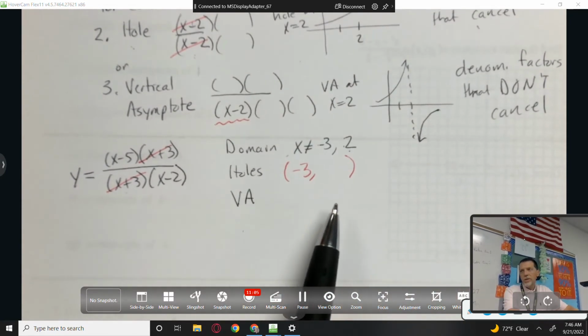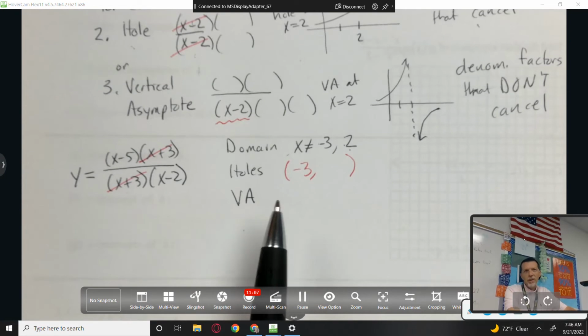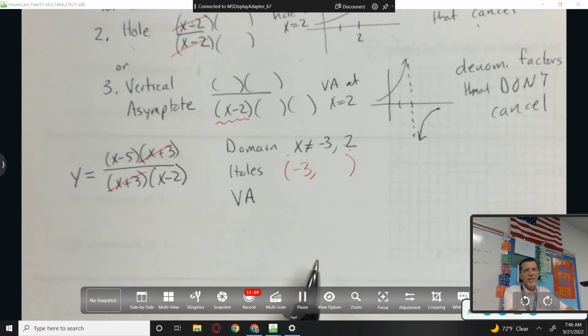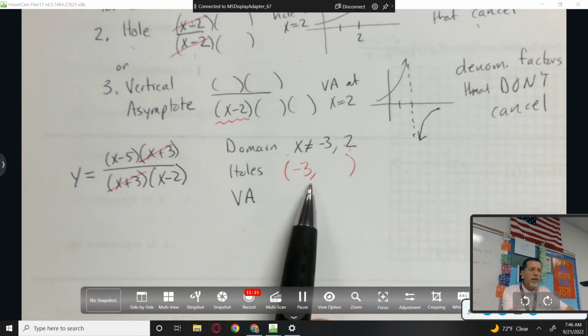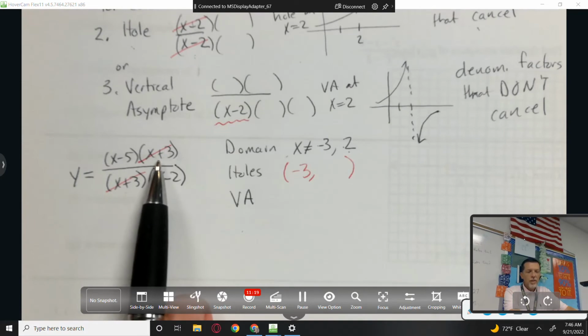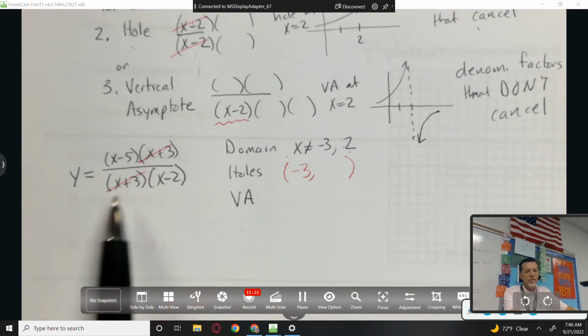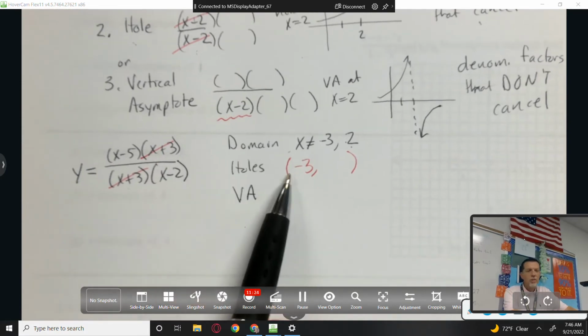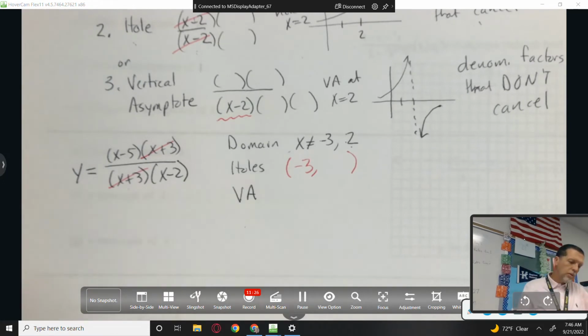What do we usually do if we know the x and we want to know the y? What do you usually do? You just plug it in. So we're going to plug in -3 to what's left. Don't plug it in to what's before what's left, because then you get 0 over 0, and that's why it's a hole. So you plug in -3 to what's left.